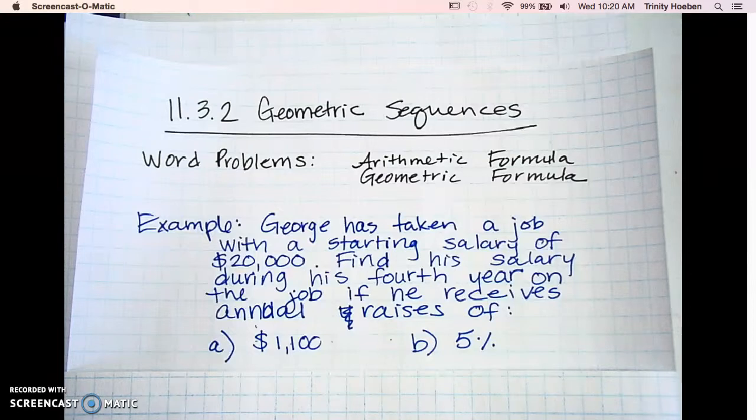So between those two, which one is arithmetic? Which one? A, yeah, the one where he's going to increase his salary every year by $1,100. So I'm going to do it using the formula first, but then I'm going to show you that you can use the formula, but it might be faster just to add 1,100 4 times.